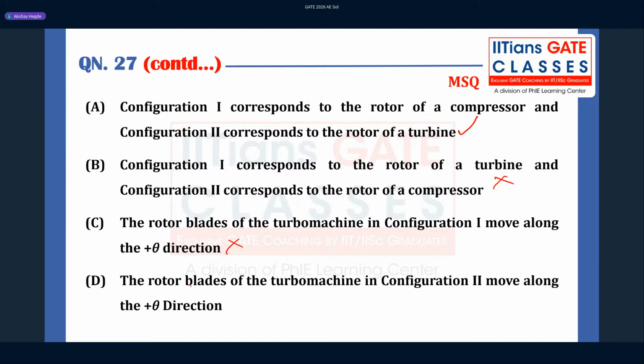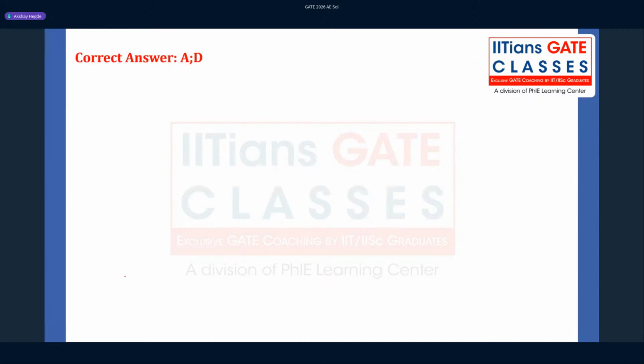The other option says the rotor blades of the turbo machine in configuration 2 move along the plus theta direction. That is true because we have seen the reaction force will make that blade move in the direction given in the figure. So in this question, statement A and statement D are true. If you look at the answers, yes, the correct statements are A and D. Okay.